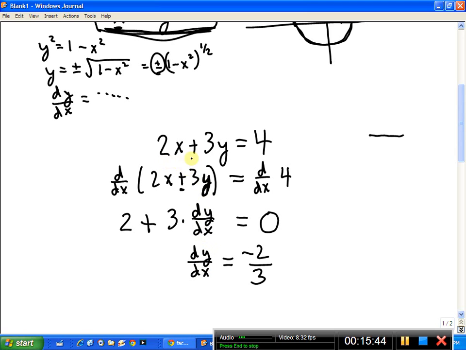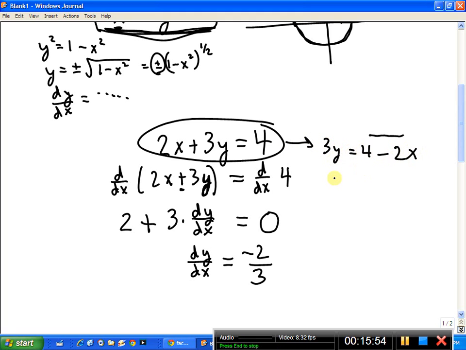Now, of course, I could go from here and solve for y directly. 3y equals 4 minus 2x, and y equals 4/3 minus 2/3 x, and then calculate dy dx from here using all the rules that we know, and obviously the derivative of 4/3 is 0, and the derivative of minus 2/3 x is minus 2/3. So we get the same answer. But we got the answer this way without ever solving for y.